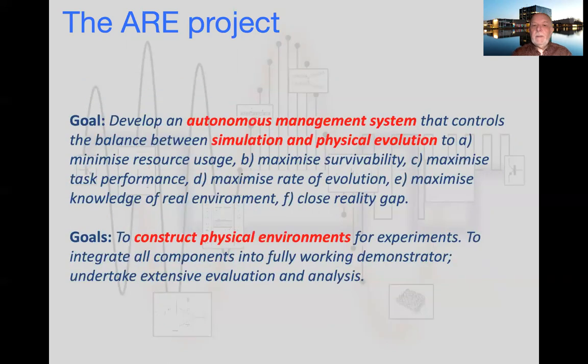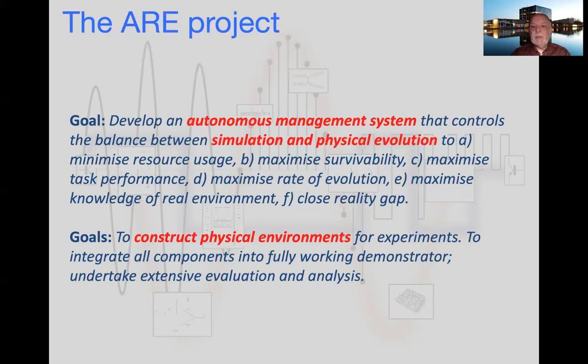Within the robot, we're going to produce an autonomous management system. We want these things to be completely autonomous, both the physical and the simulated things. So we're going to build an ecosystem manager, which will allow all of those processes to go on autonomously, including evolution, including testing for survivability, testing for manufacturability, and making a decision whether a particular genome is going to go to simulation or whether it's going to go to the real robot to be manufactured.